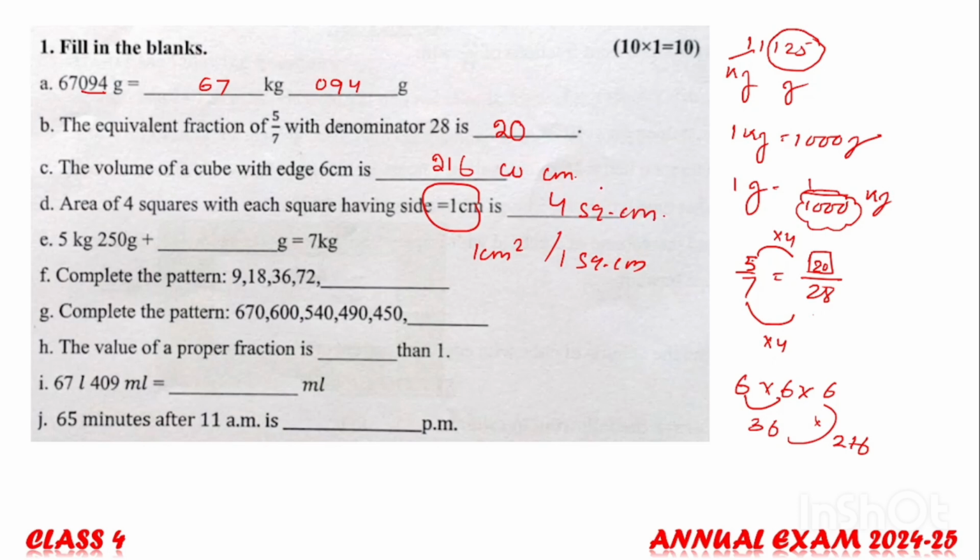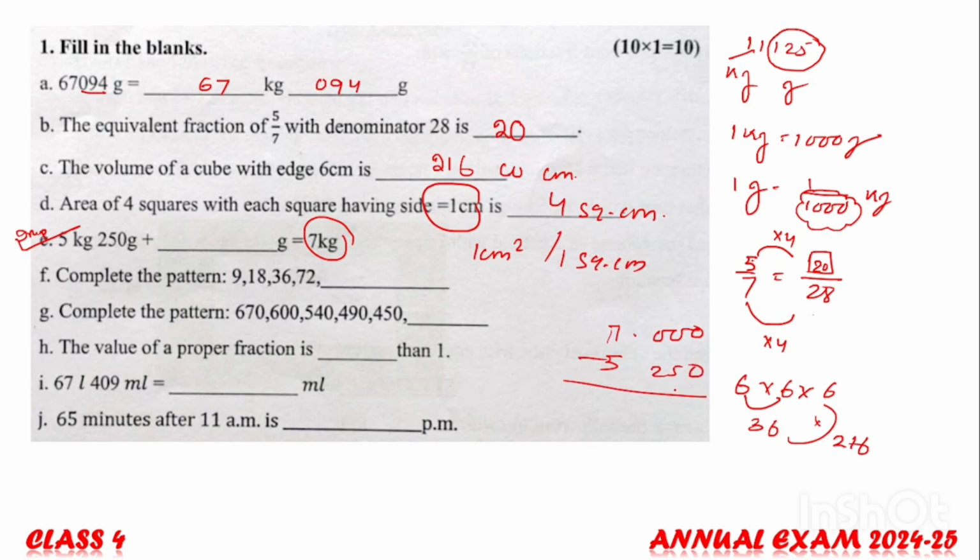Next, 5 kg 250 gram plus dash gram equals 7 kg. This is an important type of question. How to solve? Simply we subtract from right to left. 7 kg is 7000 gram, we subtract 5250.